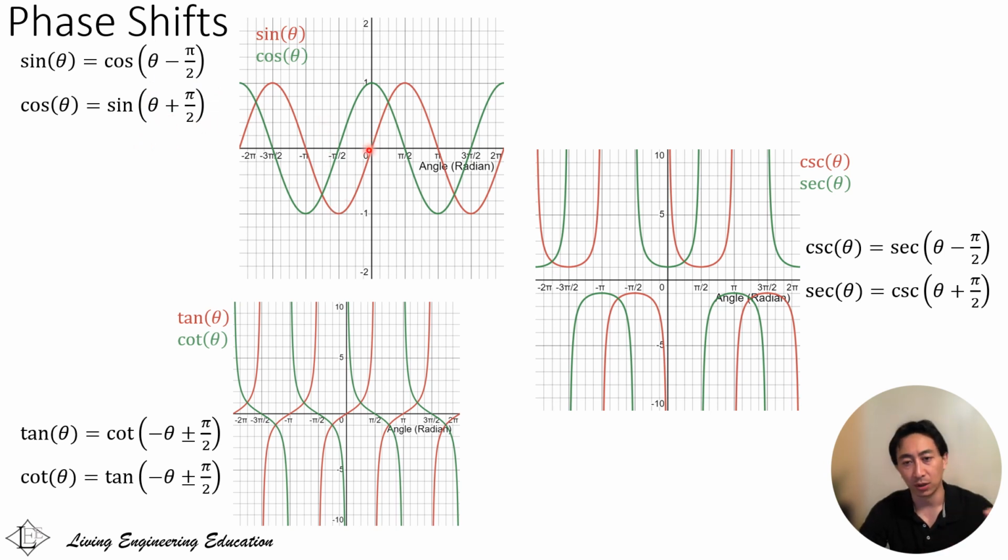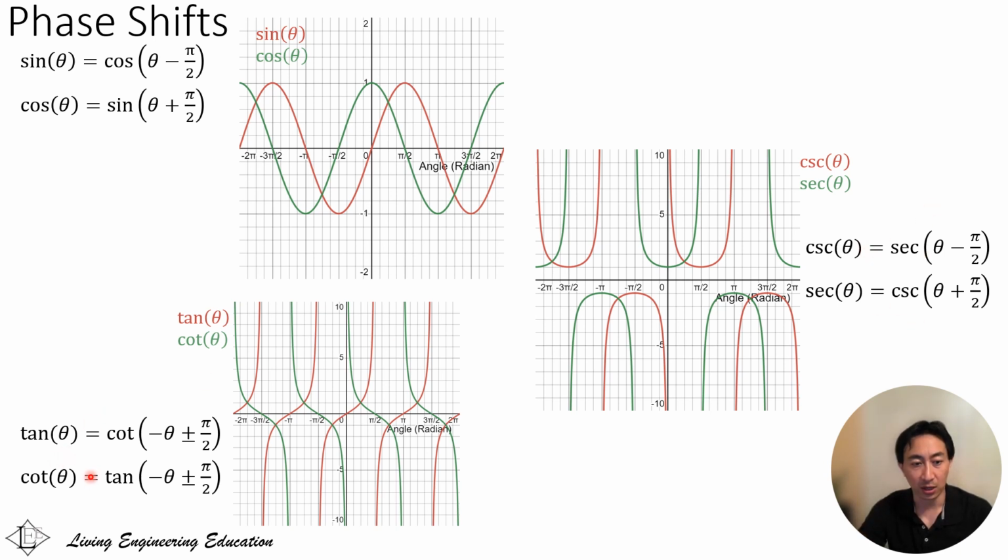So it's pulling it back. Similarly, we see that same behavior in cosecant and secant. Cosecant is 1 over sine, and secant is 1 over cosine. So it makes sense the phase shift behavior would be the same here.